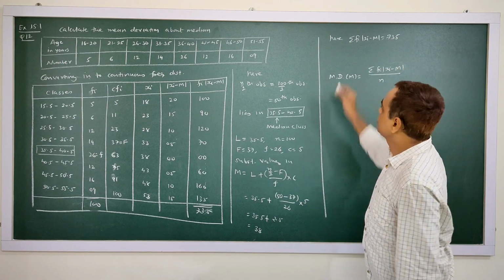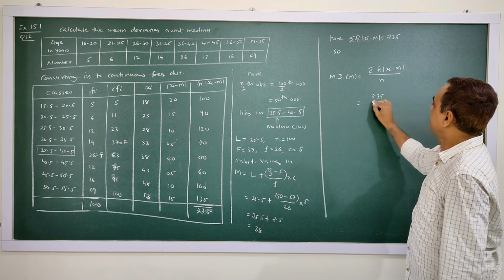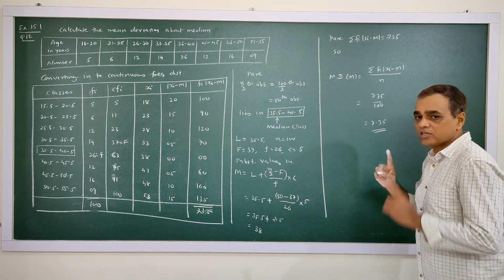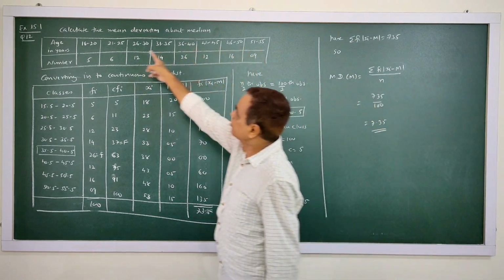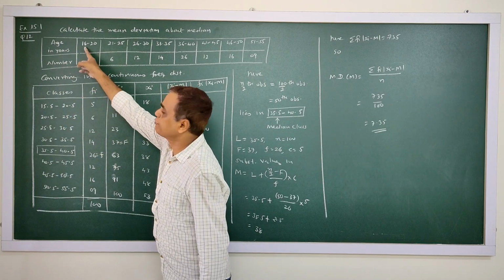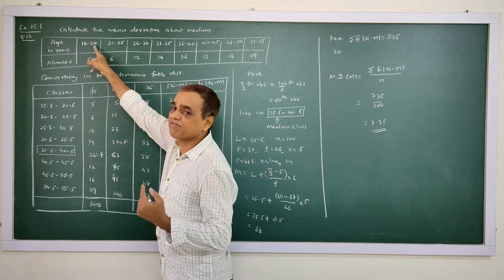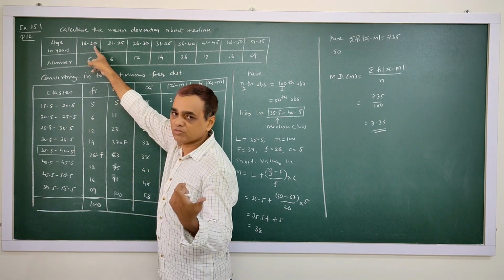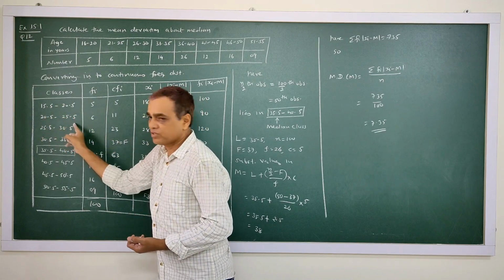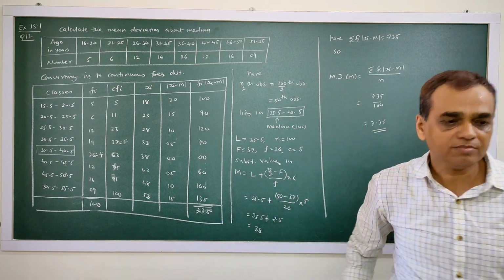So putting the value, the mean deviation is 7.35. Remember, when the data is not continuous, make it continuous by subtracting 0.5 from the left value and adding 0.5 to the right value. Then it will be continuous. The other procedure is the same.